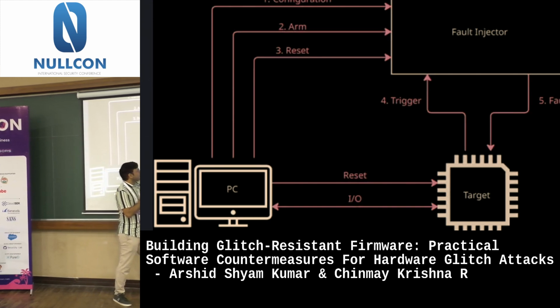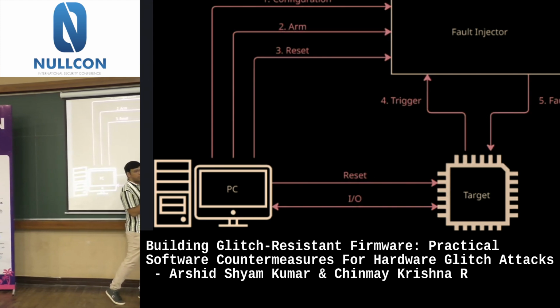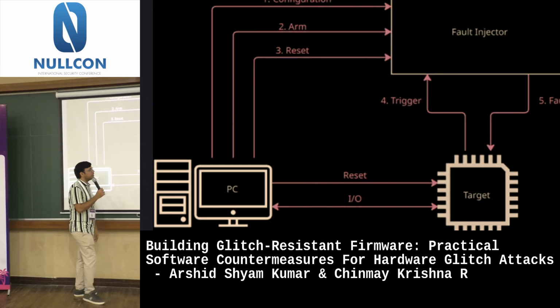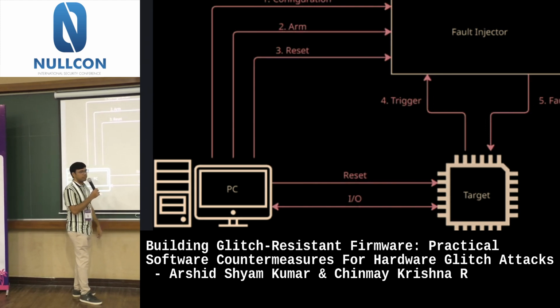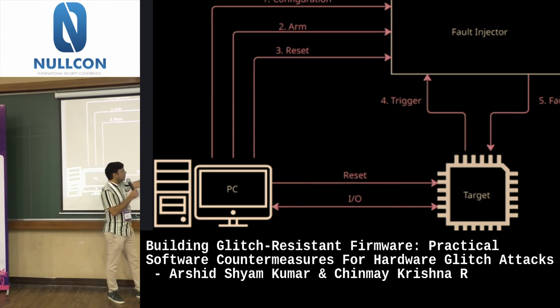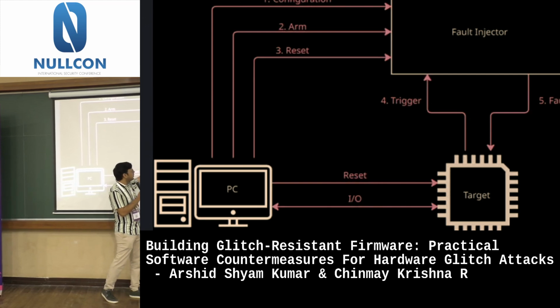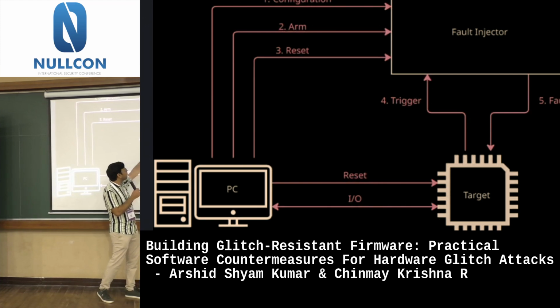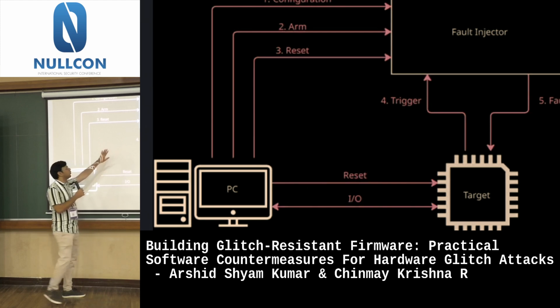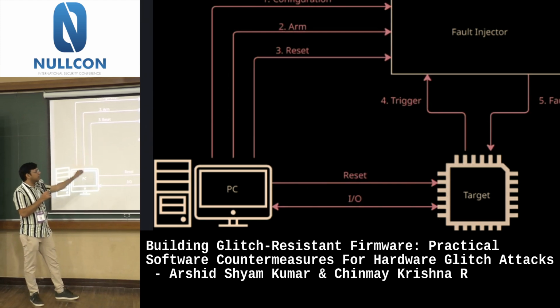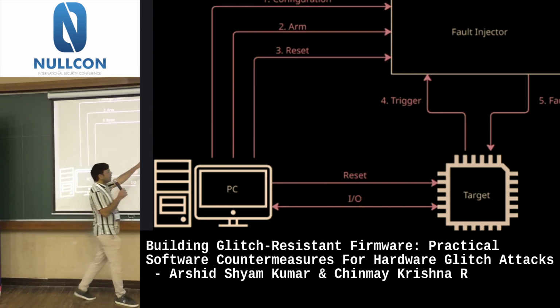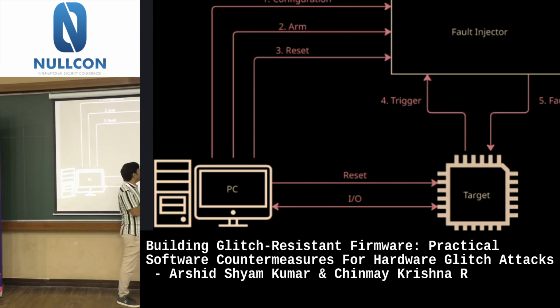You get a trigger from here. The fault injector needs to know when it should start the glitch, so some hint should go from the target to the fault injector to start the trigger, and then it will give us the fault.